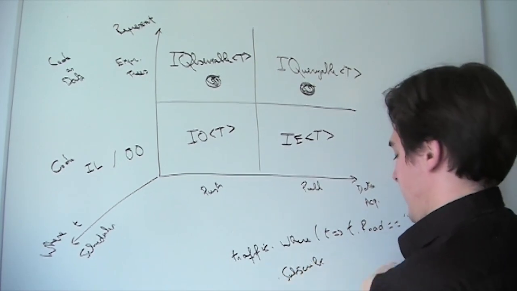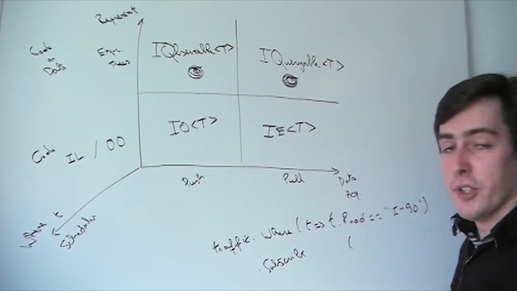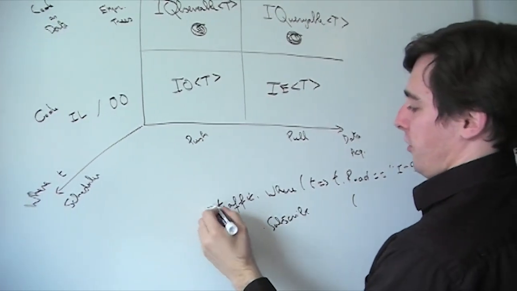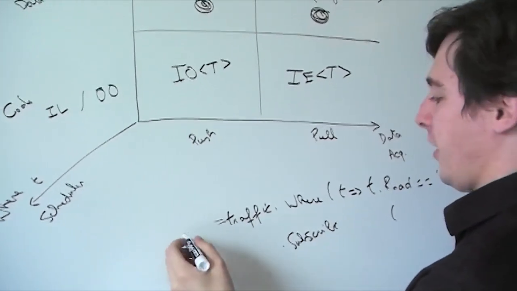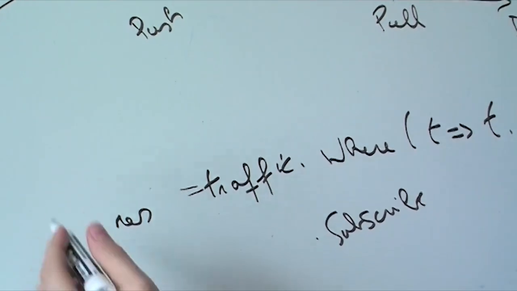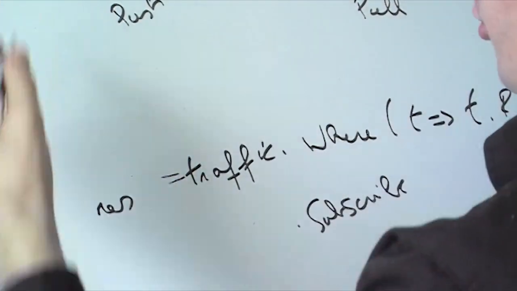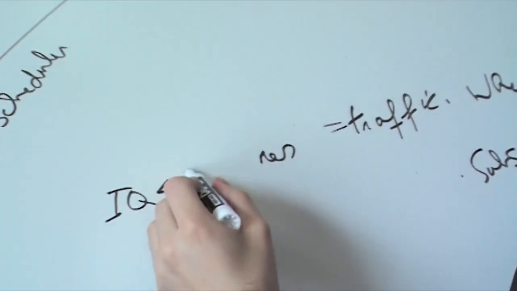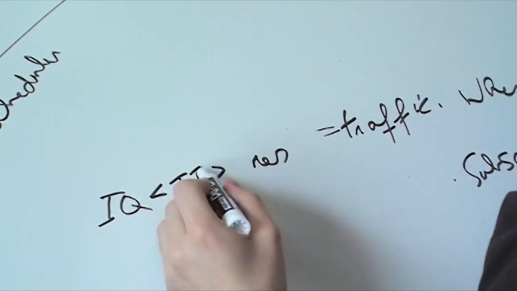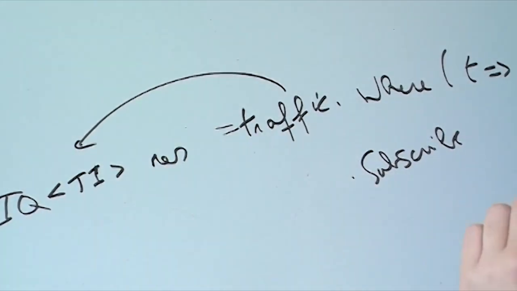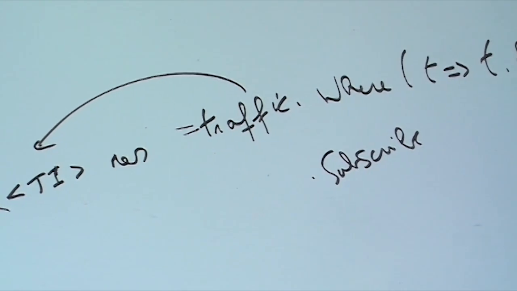Let's do it in two steps. Let me write this whole thing as res for results, and that will be an IQbservable, let me abbreviate IQ, of traffic info TI. And obviously traffic is also an IQbservable of TI, simple.